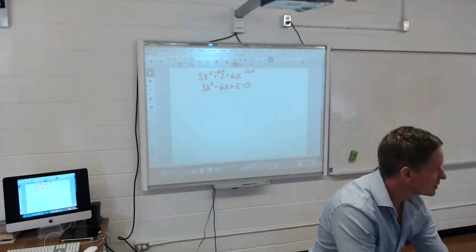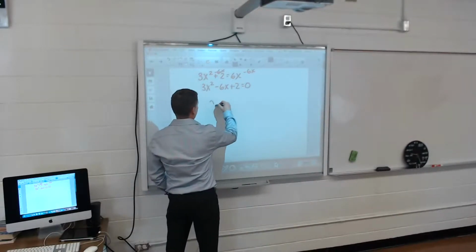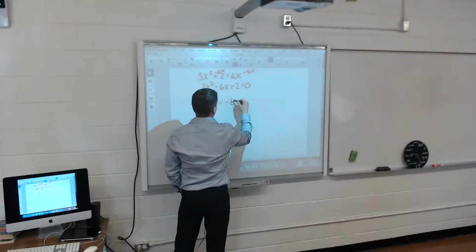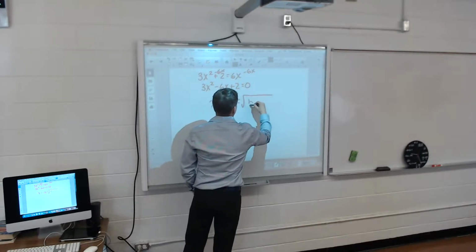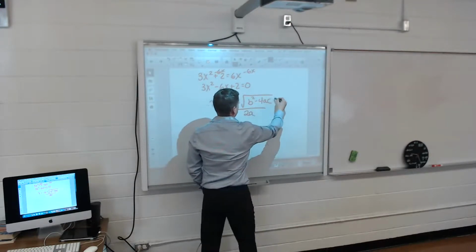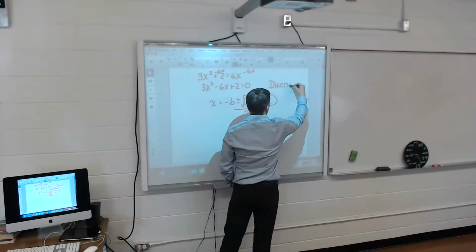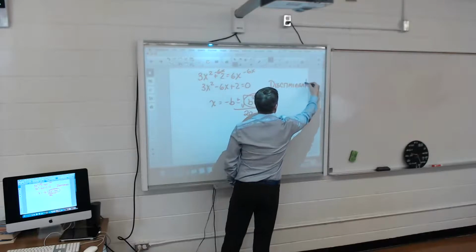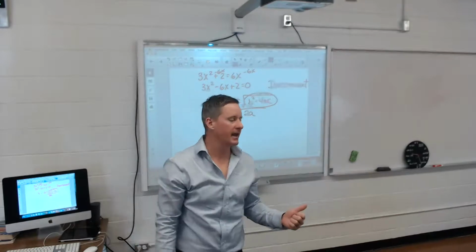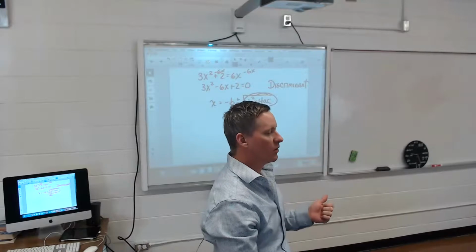Remember what I said yesterday, when we have our quadratic equation, this right here, we call the discriminant. Because it's a square root value, if the value in there is a negative number, you can't take the square root of a negative number, which means there are no roots.